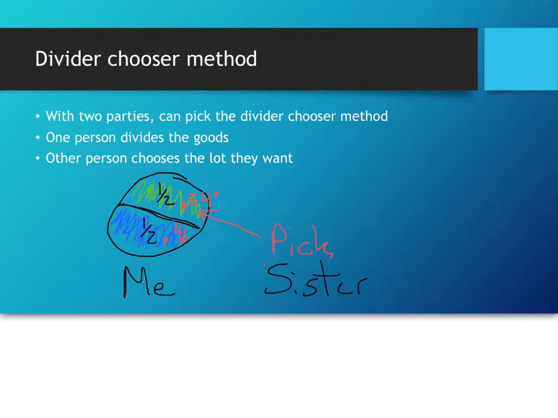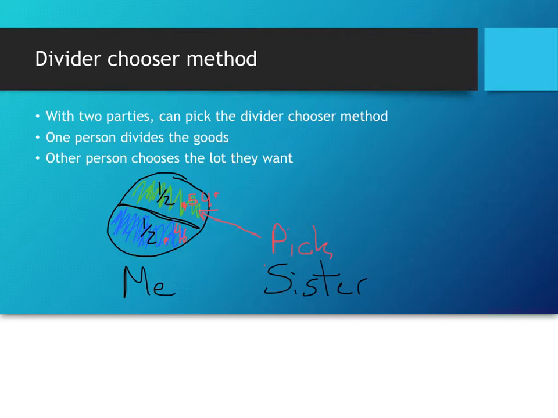All right? So because that divider-chooser method will always leave me satisfied, I'll always think I got 1/2. And it will always leave my sister satisfied. She'll either think she got 1/2 or more, right? I mean, at the worst case scenario, she thinks this is 50-50 too.